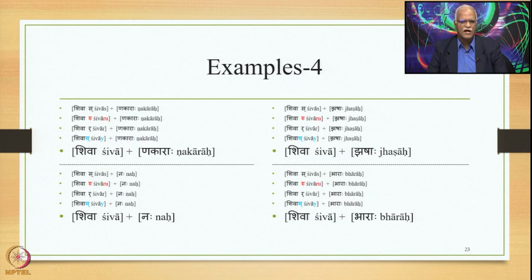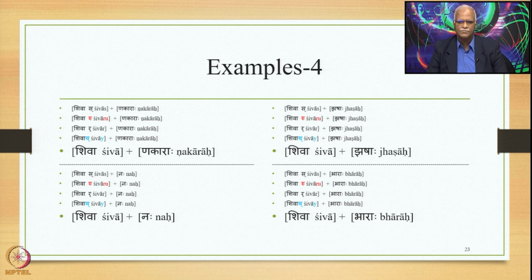Then we have Shivas plus Nakaraha, and the output generated following the same procedure is Shiva plus Nakaraha. Then we have Shivas plus Naha as the input, and the output generated is Shiva plus Naha, following the same procedure where same sutras apply.